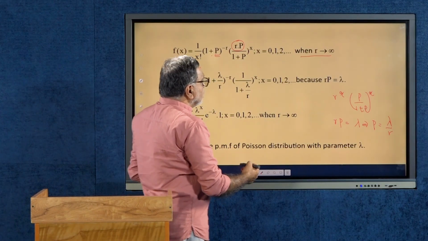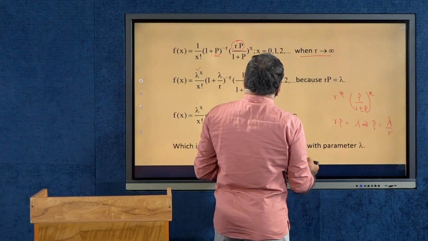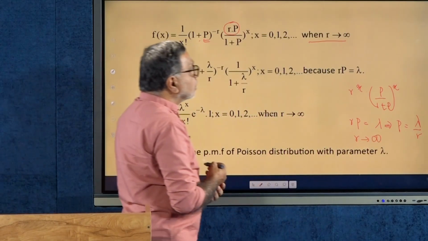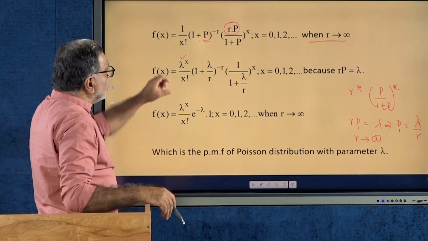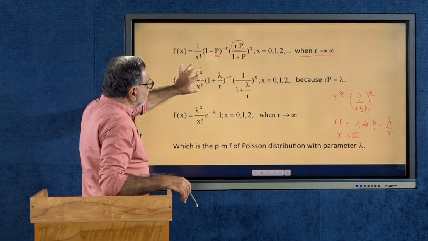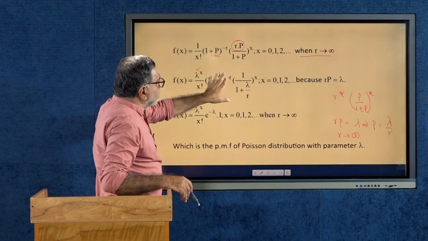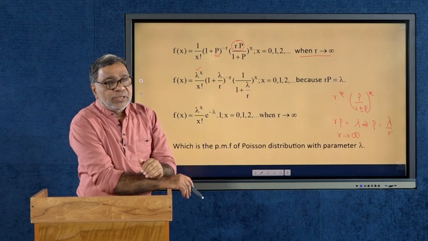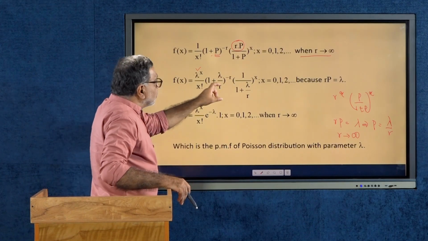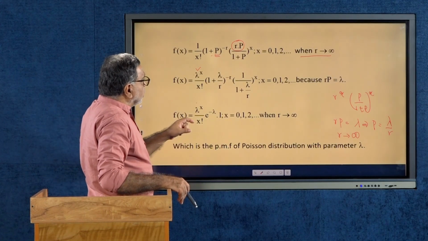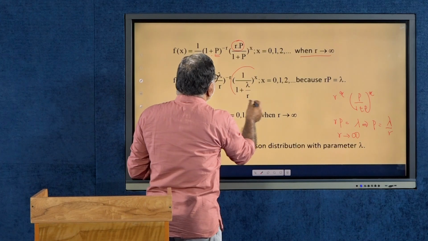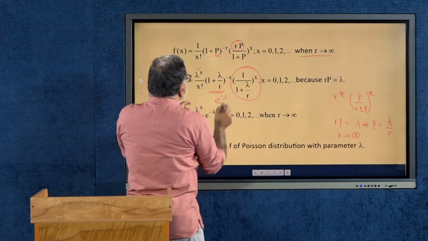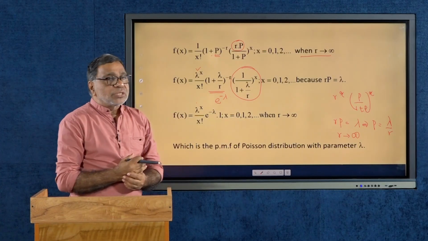And again you apply the limiting behavior, r tends to infinity here also, this becomes lambda power x divided by x factorial, and 1 plus lambda divided by r power minus r when r tends to infinity is nothing but e power minus lambda, and this is 1. So, this is actually e power minus lambda when applying the limit r tends to infinity.